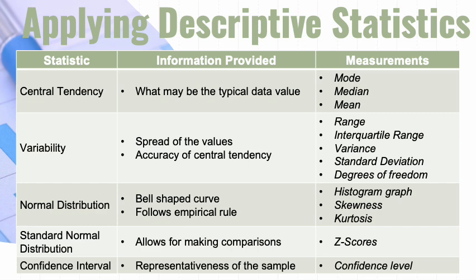So, measures of central tendency, our topic from part 1. These are things like the mode, the median, and the mean. They indicate the typical value, the center value in a data set. The measures of variability, the range, the interquartile range, the variance, and the standard deviation tell us how spread out the data is, and the degrees of freedom talk to us about the variability within the data.